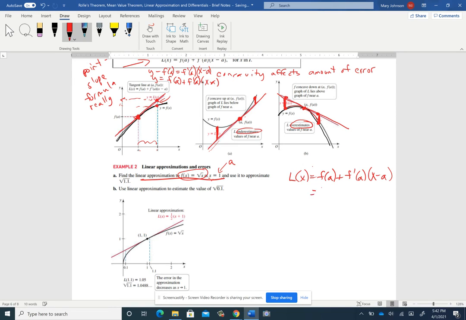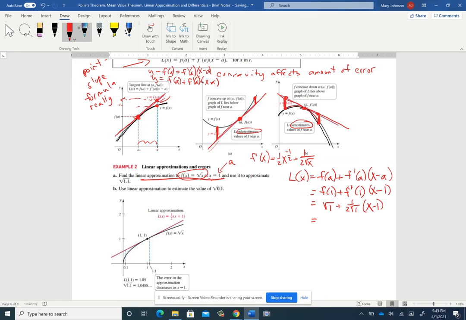So f of a really means f of 1, f prime of 1, and then x minus 1. And f of 1 would be the square root of 1. f prime of 1 would first involve getting the first derivative, which equals 1 over 2 square root of x. And then f prime of 1 would be plugging in a 1. Then multiplying that by x minus 1.